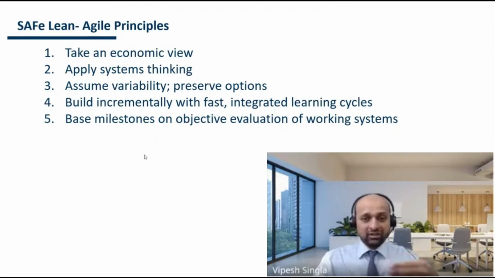What it means is that success is evaluated, or the milestones are established, based on the feedback of the customer, the performance of the product and solution in the minds of customers, and the progress against the objectives which we have agreed during PI planning, for the team and ART level backlog.